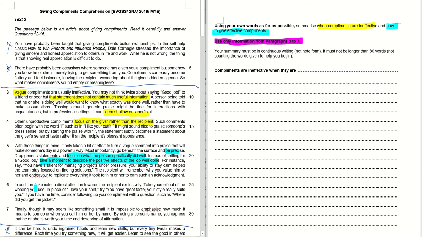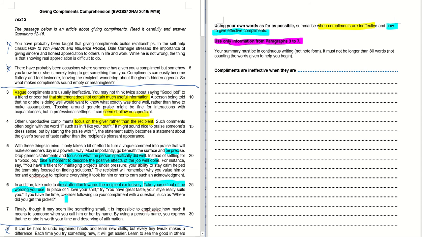In addition, again a signaling word that tells me that it's going to give me more information about how to give effective compliments. So take note to direct attention towards the recipient exclusively. How do you actually do that? Take yourself out of the wording you use. In place of I love your shirt, try you have great taste, the style really suits you. Again, that is an example, I'm not going to highlight that.